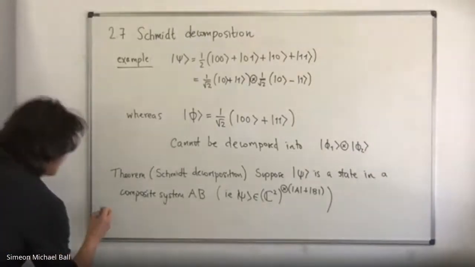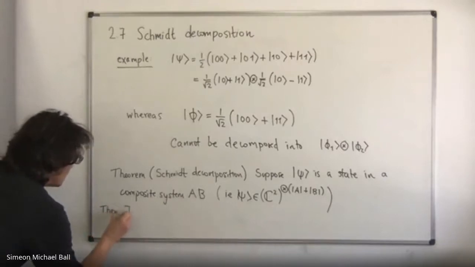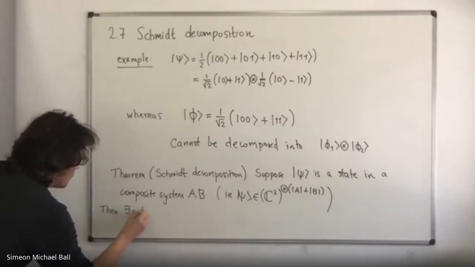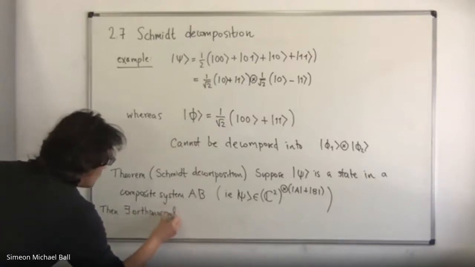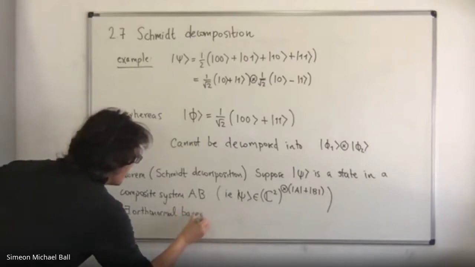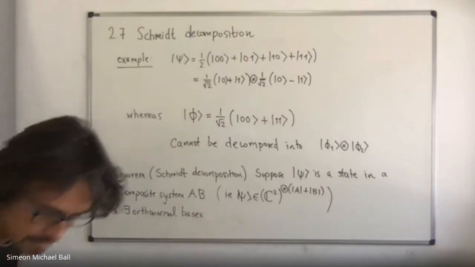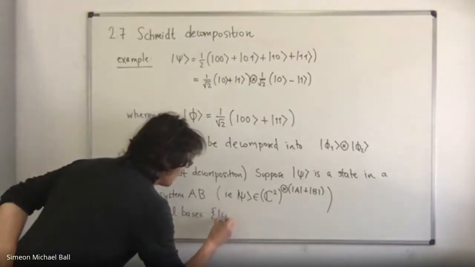Then there exist orthonormal bases, what do I call them, I_A and I_B. And I'm going to use this terrible notation again.